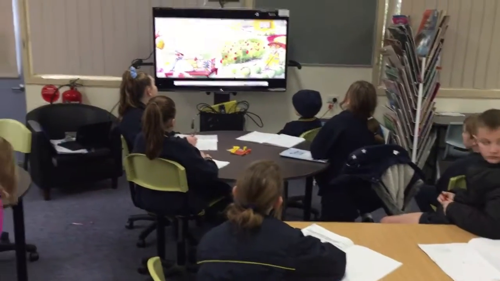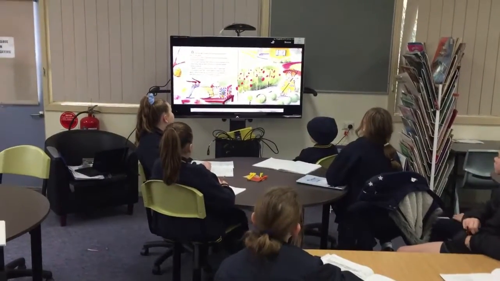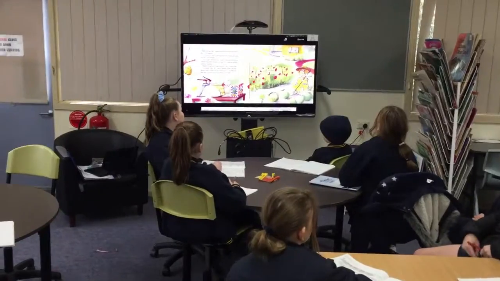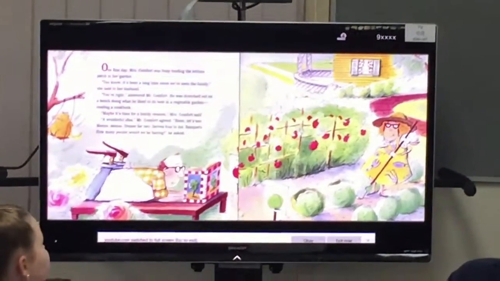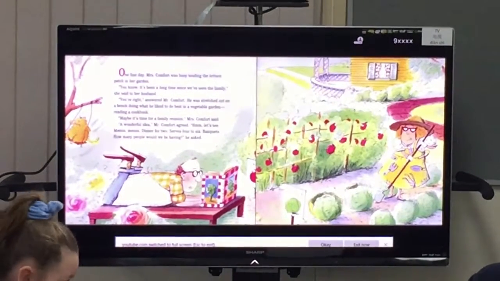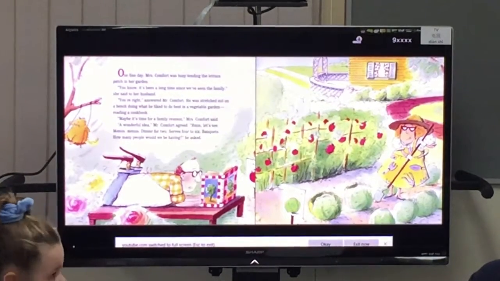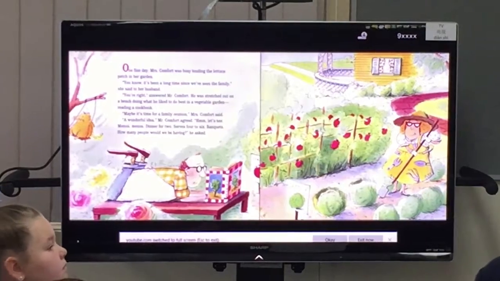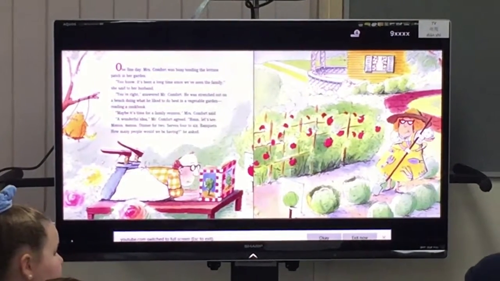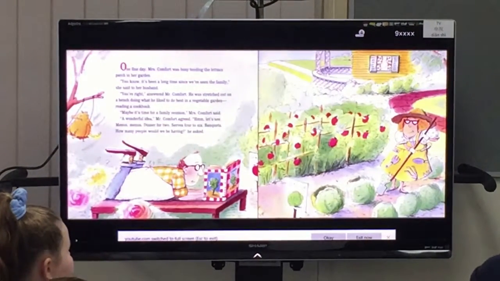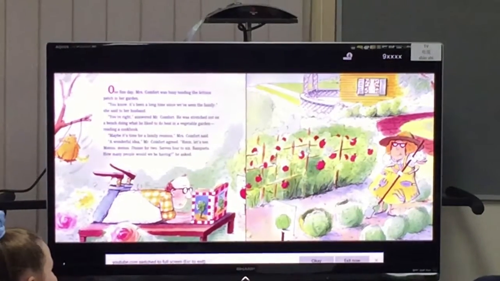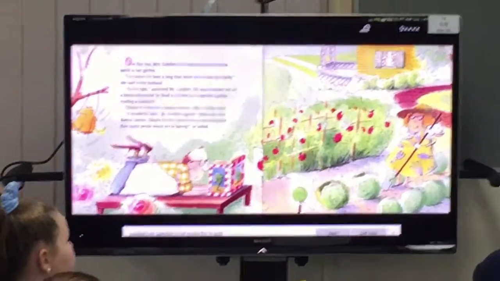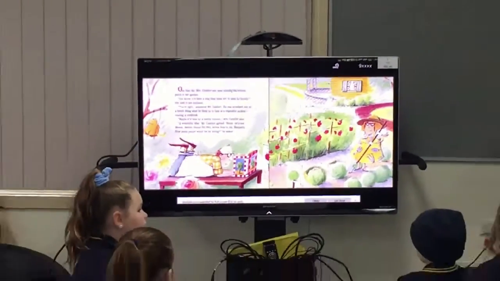He was stretched out on a bench doing what he liked to do best in a vegetable garden, reading a book. "Maybe it's time for a family reunion," Mrs. Comfort said. "A wonderful idea," Mr. Comfort agreed. "Let's see. Menus, dinner for two, serves 4 to 6, banquets. How many people would we be having?" he asked.